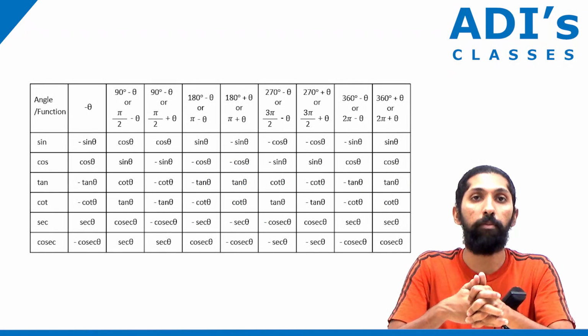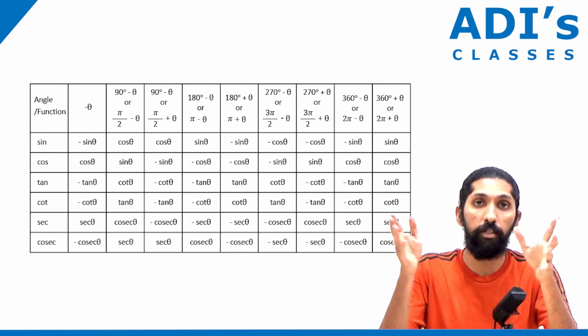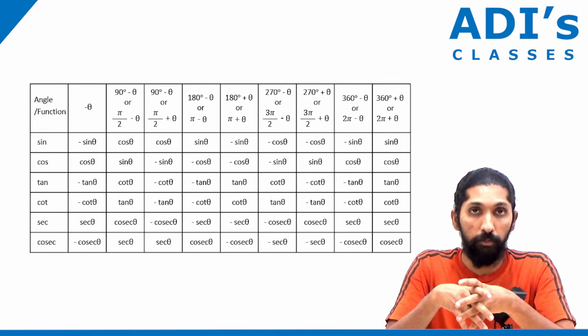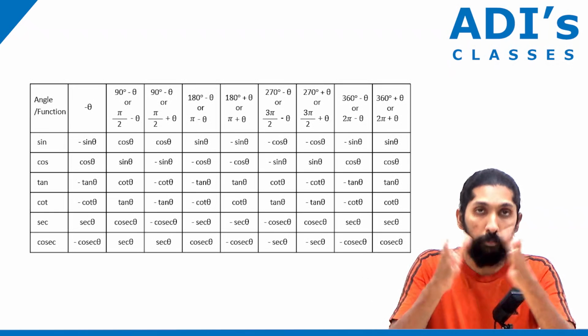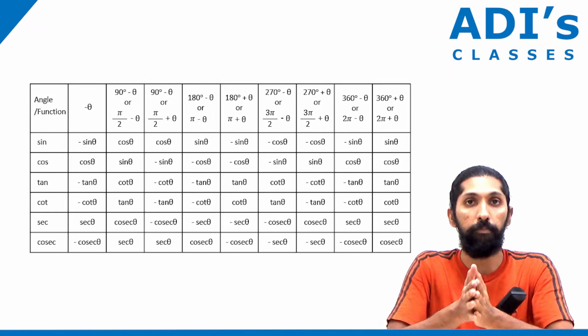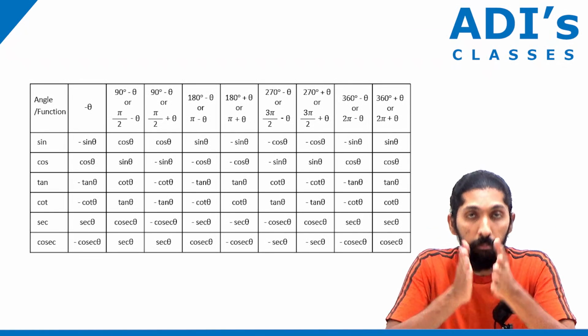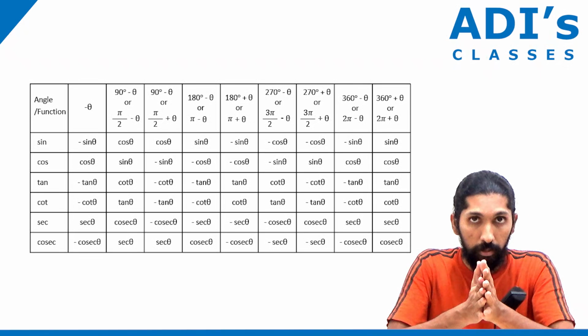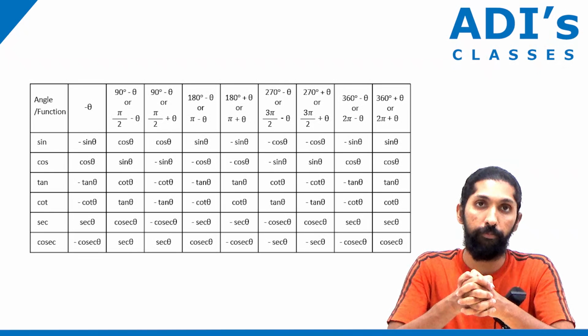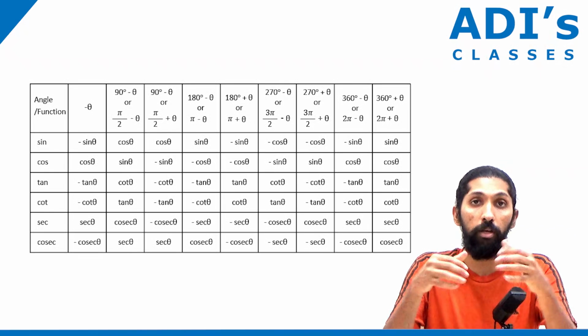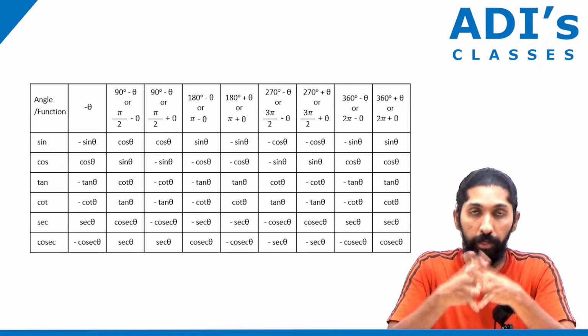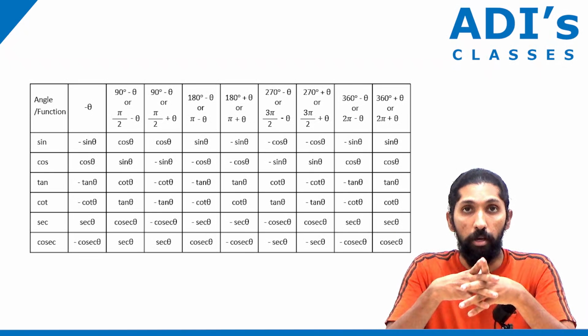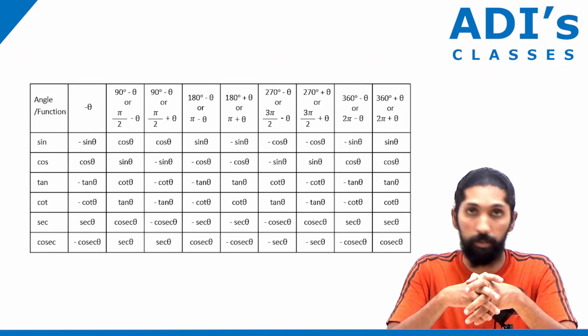This particular table, what you are looking at, gives the allied values for all the quadrants. Now, please remember this table. I want you to remember this table as thoroughly as possible, because if you do that, it's going to be very easy for you. In the upcoming videos you are going to solve problems where the values will not be in the first quadrant.